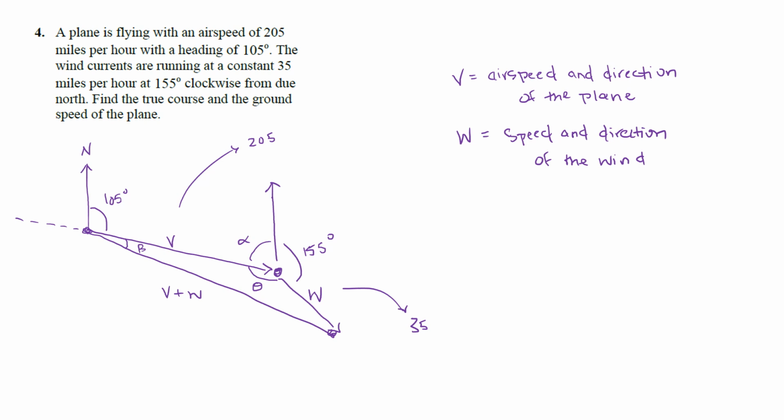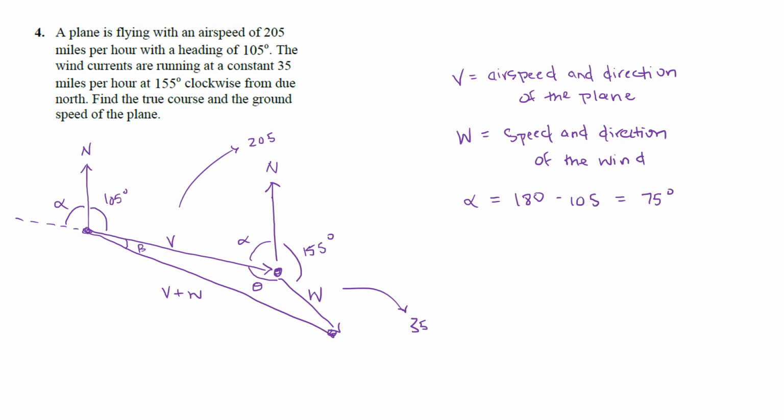Okay. So in doing so, we then know that since we have two parallel lines here, we know that corresponding angles are the same. So we can figure out what alpha equals. Well, alpha will be 180 minus 105, which equals 75 degrees.